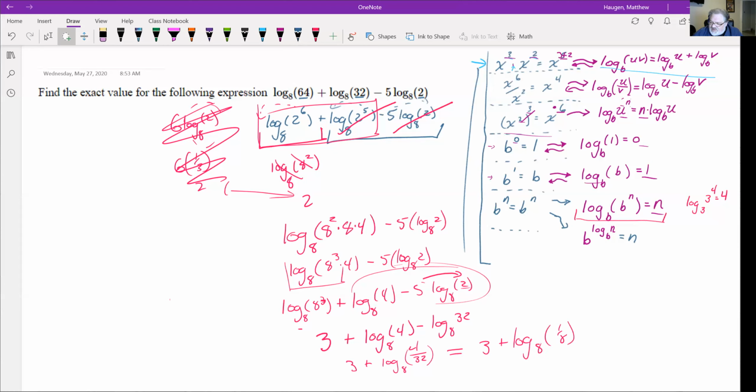What power do you have to raise 8 to get 1/8? 8 to what power is 1/8? -1. 3 plus -1.